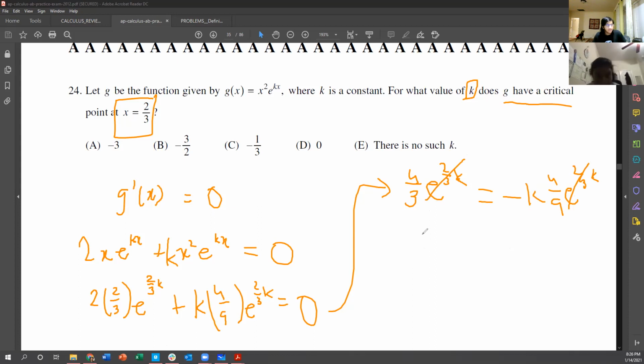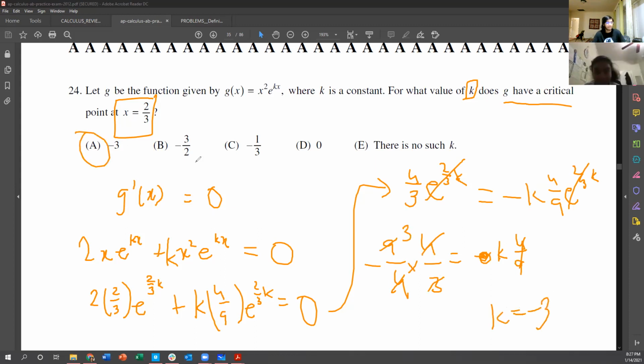So I'm left with 4/3 equals negative k times 4/9. So I can multiply both sides by 9/4, and that cancels, that's a 3. So k is equal to -3. A. That's A again. They pull these tricks on us once in a while.